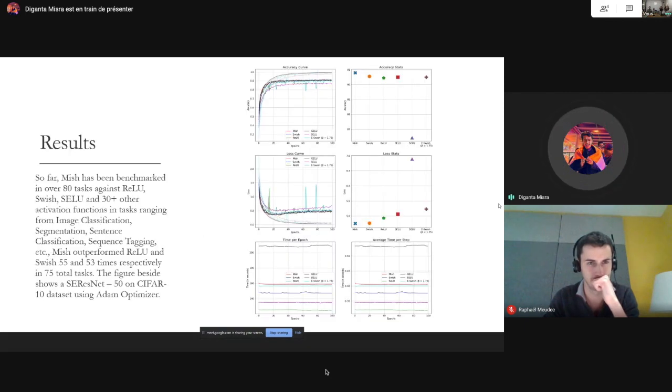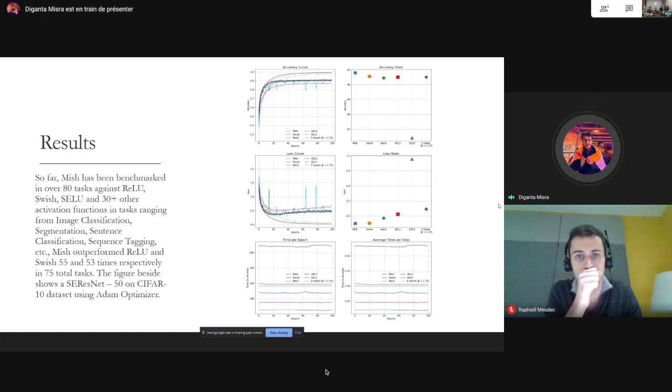Okay. So far as compared in terms of benchmarks, we have benchmarked around 40 activation functions in 80 tasks, ranging from image classification on CIFAR-10, CIFAR-100, ImageNet, to NLP-based tasks like sentence classification, sequence tagging, named entity recognition, to segmentation models like ENet on Cityscapes dataset, UNet, and EfficientNets on Stanford Cars dataset.